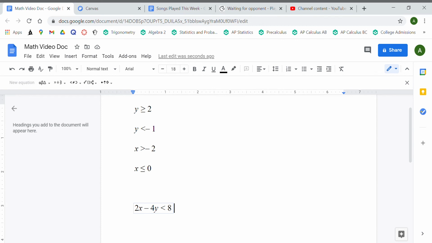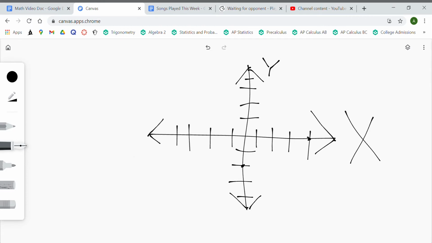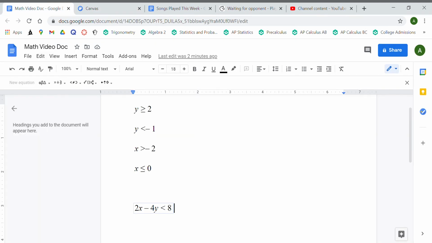Solid line or dashed line? Same rules apply here. It's a dashed line. Not the best graph, but whatever. That's what happens when I draw dashed lines that are slanted.